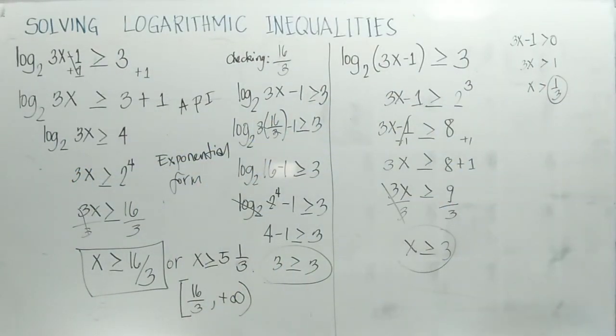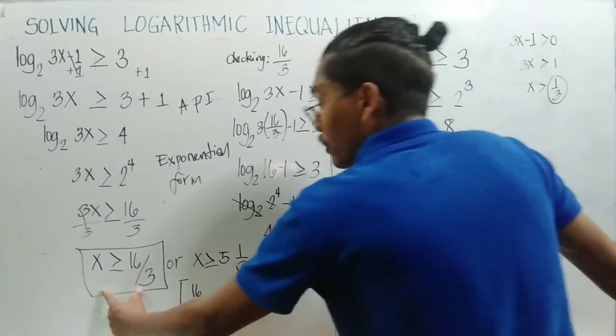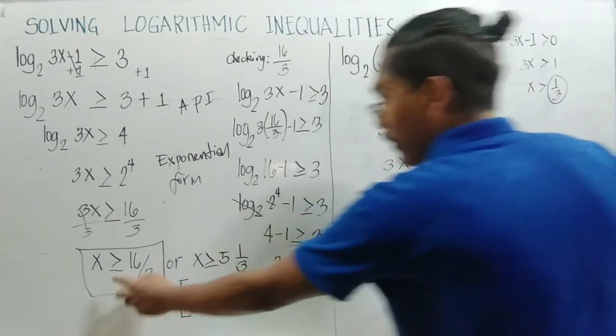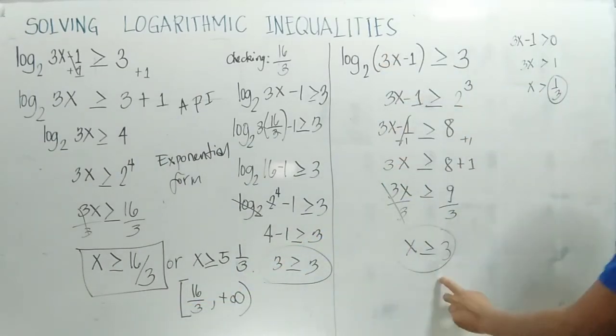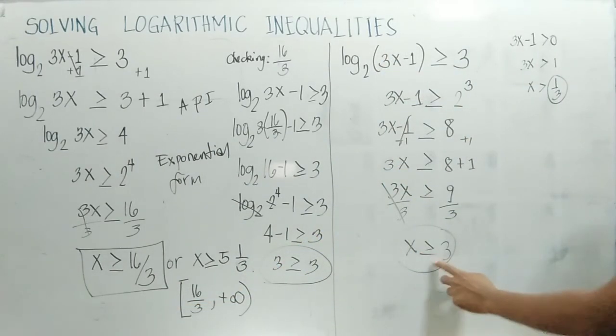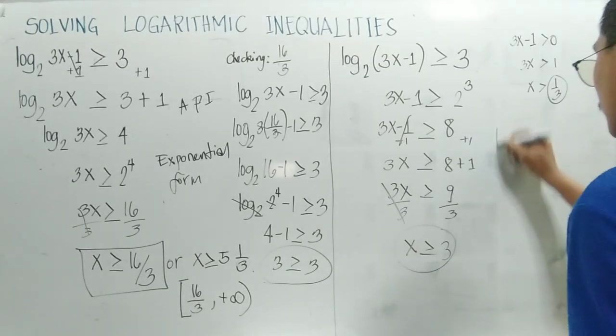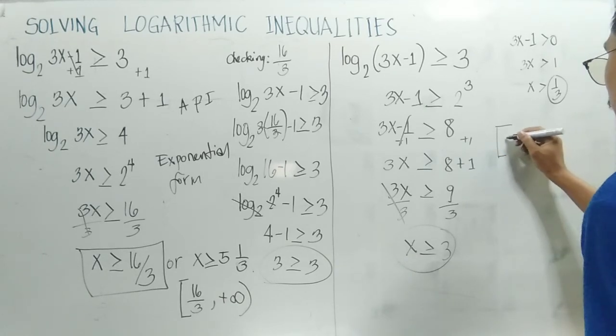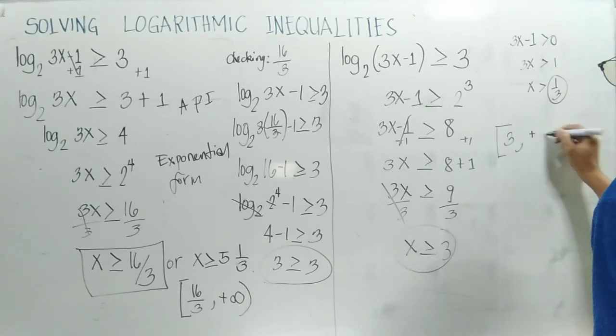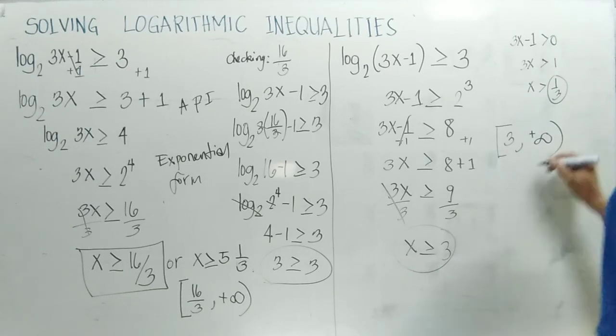If you can see, our solution set starts from 16 over 3 on this one, and on this one it starts from positive 3. So we can say that our solution is from positive 3 until positive infinity.